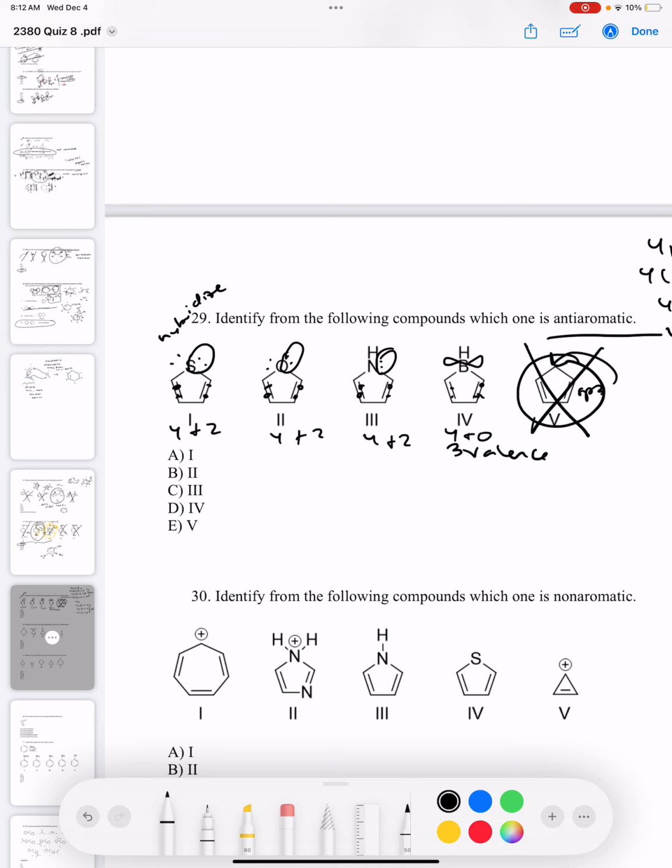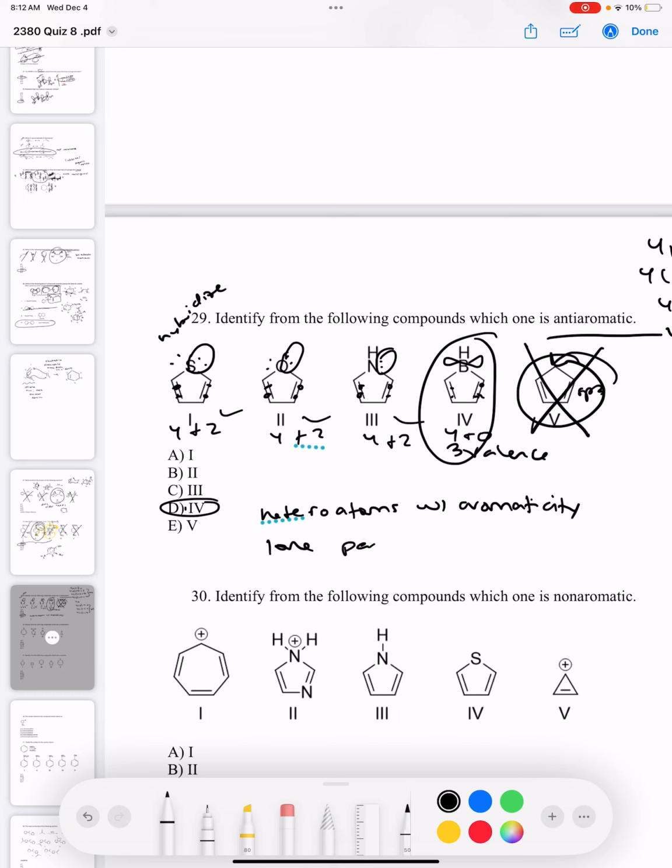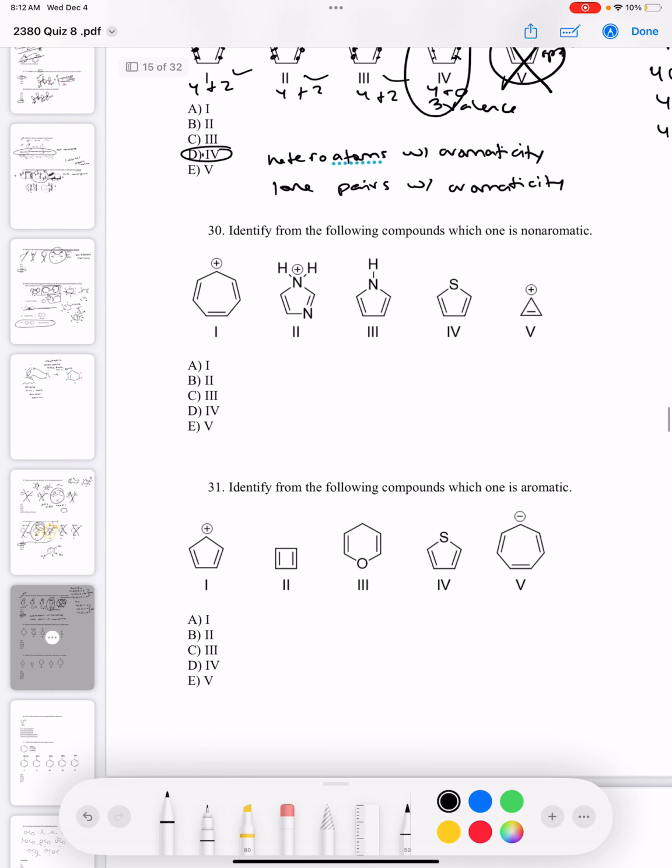So all of these have 6, so all of these are aromatic. This is the only one that's anti-aromatic. So be sure that you know how to do heteroatoms with aromaticity. I think I have some shorts on these, but I also have some longer videos, and then lone pairs. We learned this towards the very beginning of the semester, so this is probably going to be hardest for you to remember.